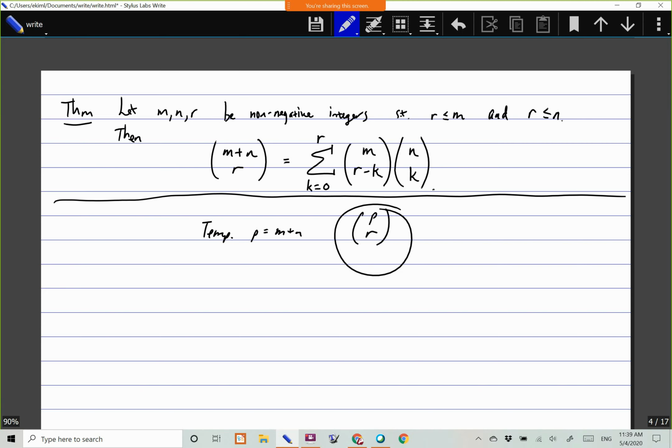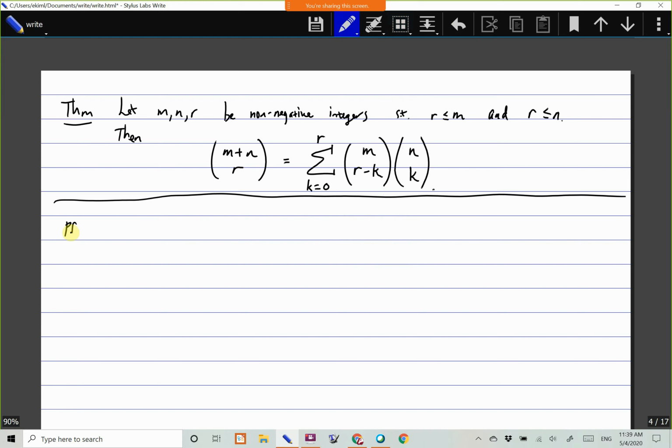So that's what I want to do. Let's set that up that way. We need a set of cardinality m plus n. The m and the n are going to be relevant for the other side, because there's an m and an n as the upper parts of the binomial coefficients there.